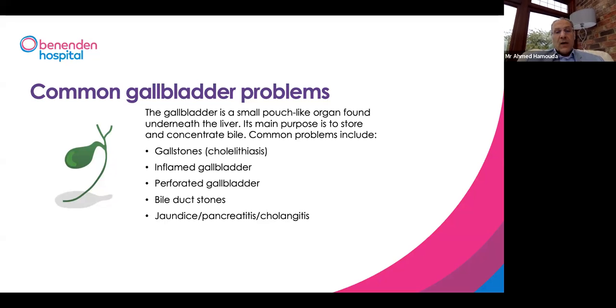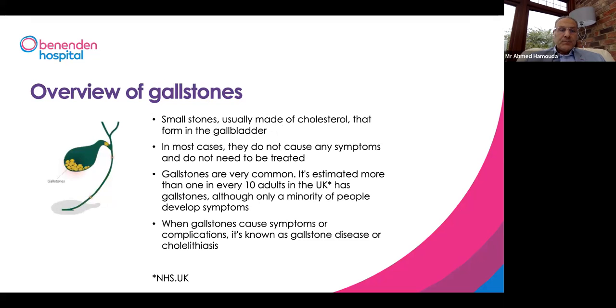These three terms only relate to stones that have passed into the bile duct and represent a much more complex presentation of gallstones. So this is something that you would need to go into hospital A&E for and be treated quite aggressively. So the gallstones themselves, as mentioned previously, sit inside the gallbladder.